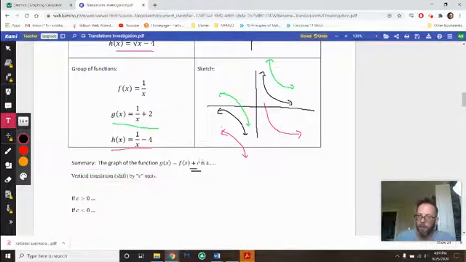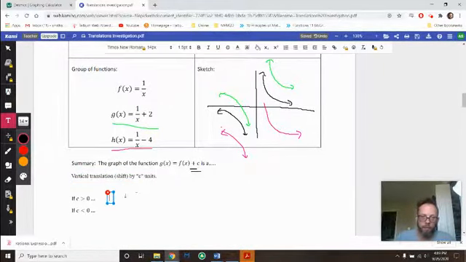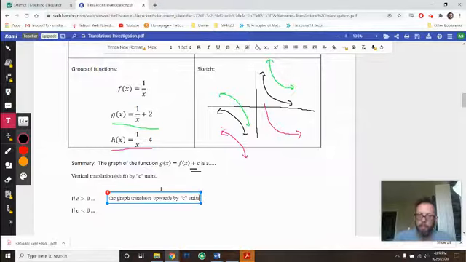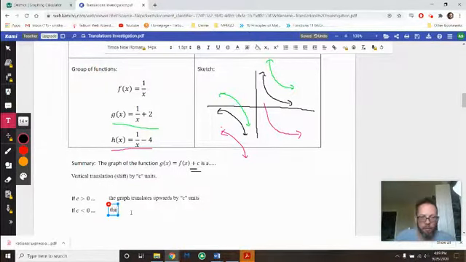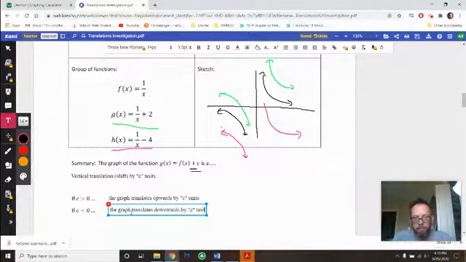If the value of c was bigger than 0, like when we had plus 2, we saw that the graph translates upwards by c units. So when we had plus 2, it shifted up 2 units. And when that value of c is negative, like minus 4, the graph translates downwards by 4 units in our examples.